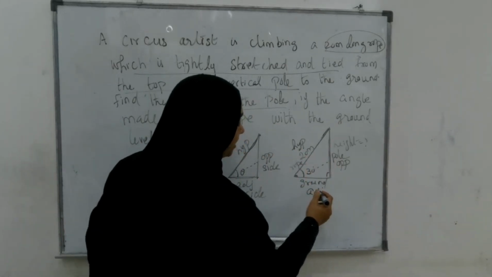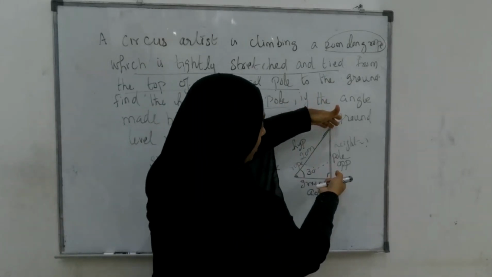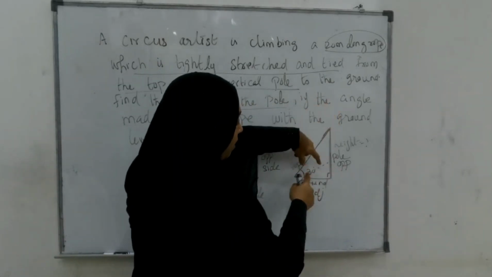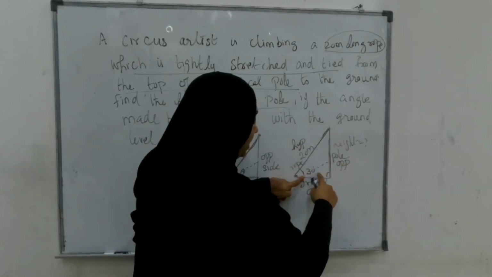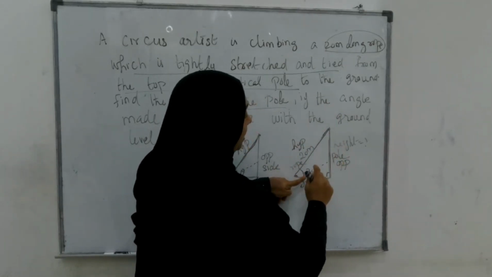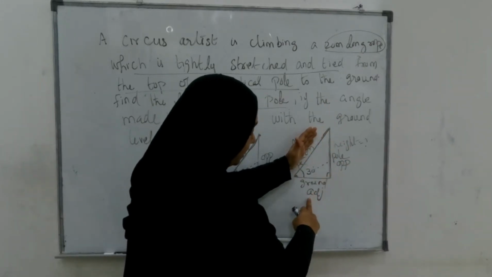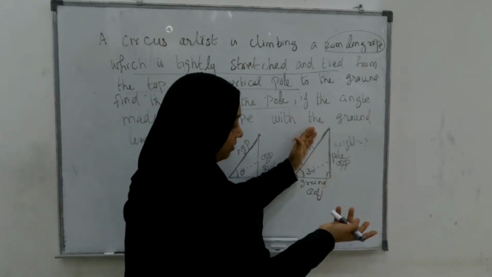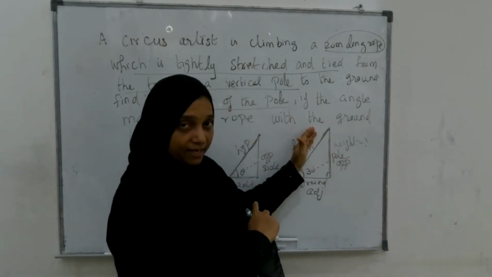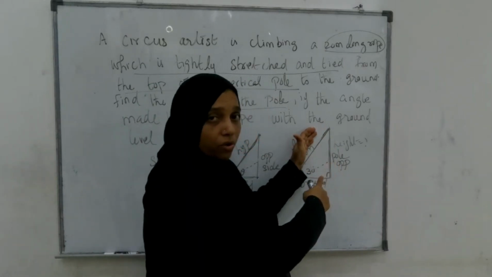Why are we using opposite and hypotenuse, and why not adjacent? Because we need the height of the pole only, and the height of the pole is the side opposite to this angle. So we are taking the opposite side. If I take the adjacent side, opposite by adjacent comes for tan theta, but we don't know the opposite value or the adjacent value.